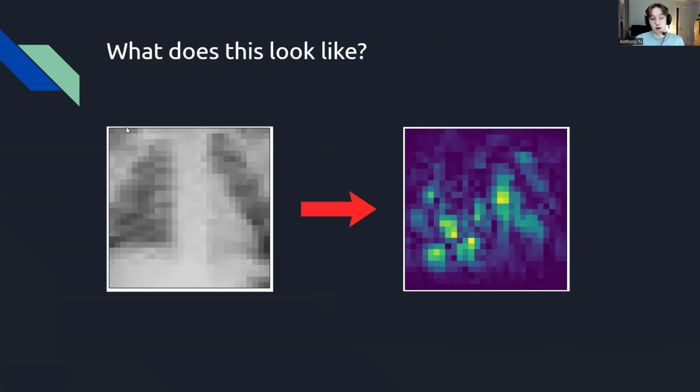So what does this actually look like? If this is my original image and I run it through my classifier and create this new 28 by 28 set of images with each pixel blacked out, and I graph the magnitude of the change, it would look something like this. If this pixel was blacked out, that would correspond to this magnitude of change.